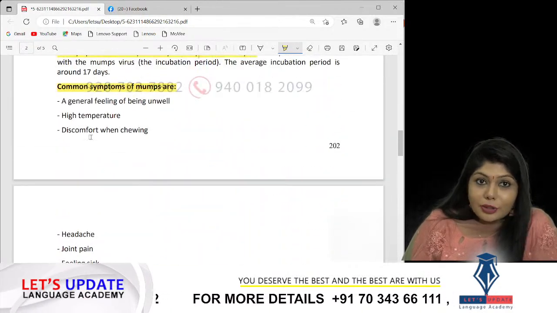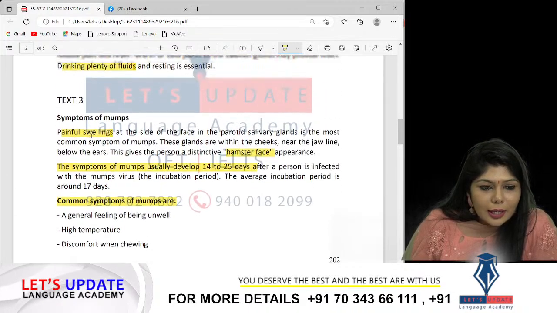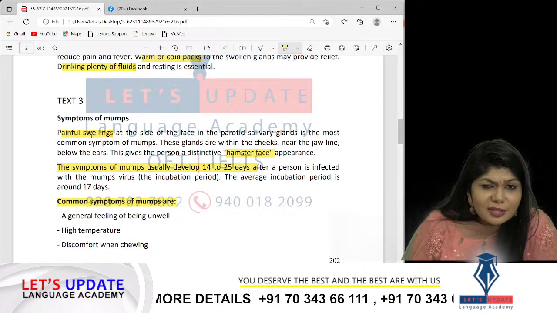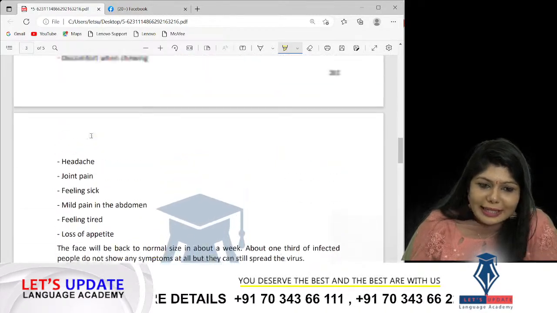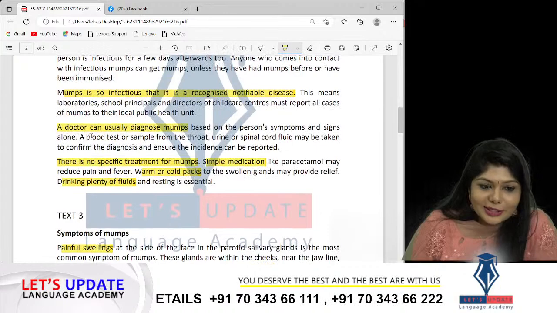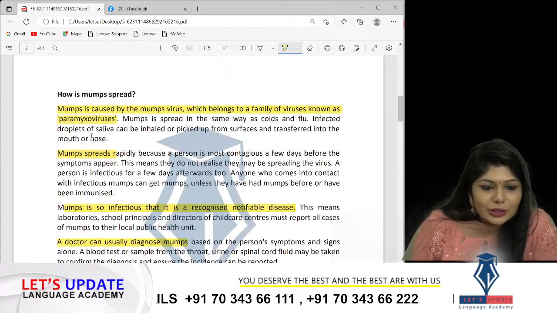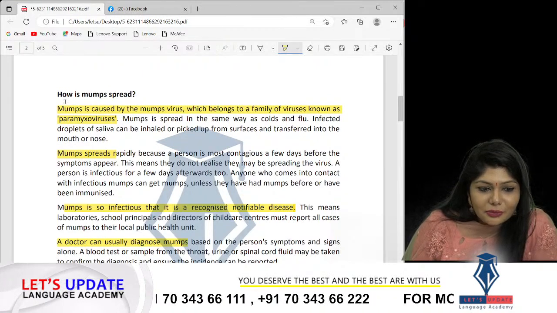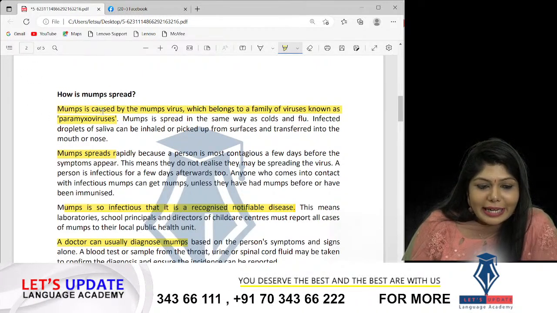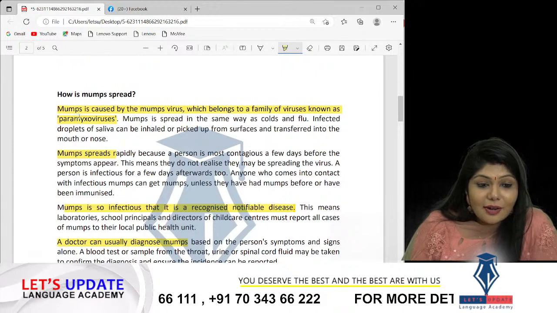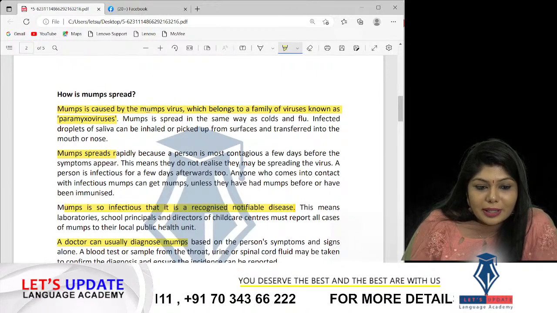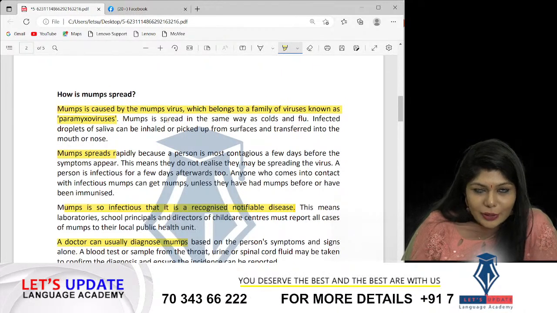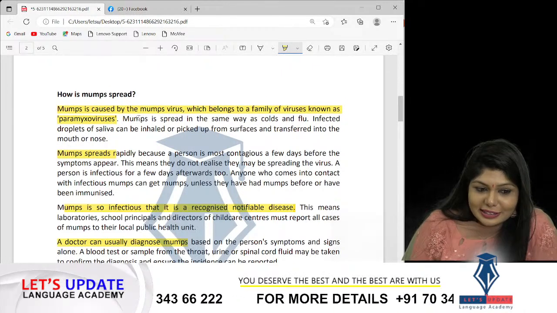Moving to text 3, it is talking about the symptoms of mumps, so again it's not in text 3 or text C. Now moving to text B or text 2, how is mumps spread, and there we have the very first sentence itself: Mumps is caused by the mumps virus, which belongs to a family of viruses. Okay, so we have the answer here.